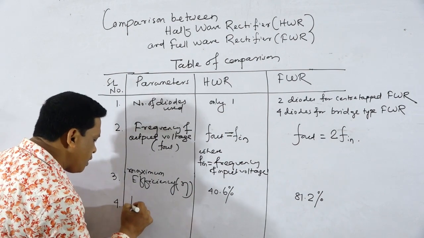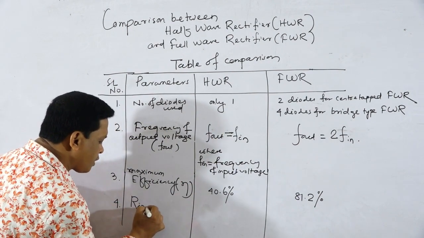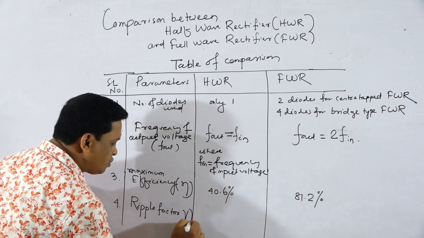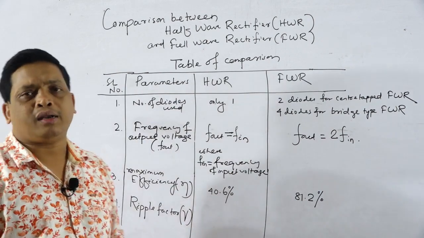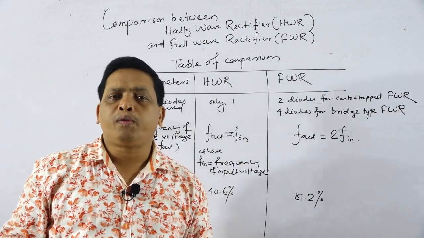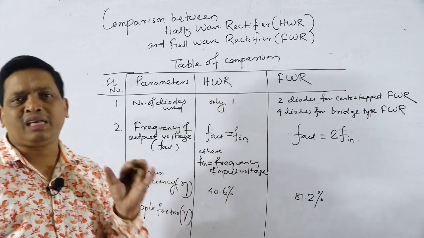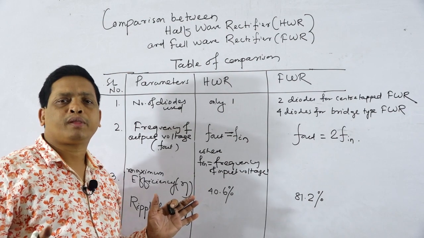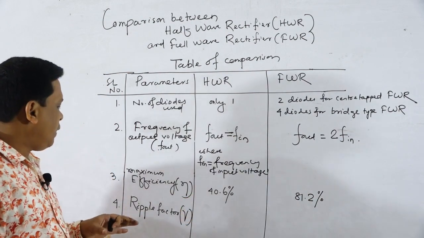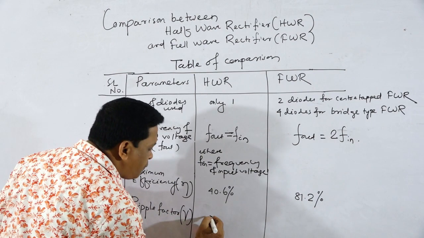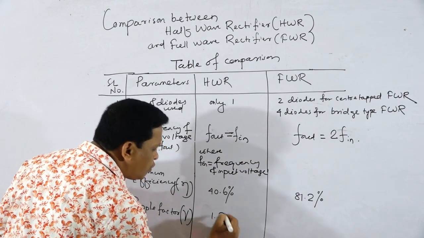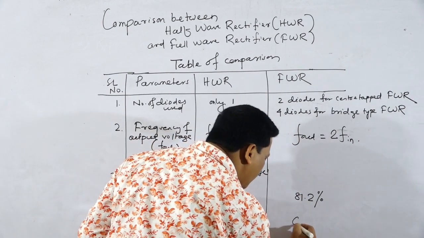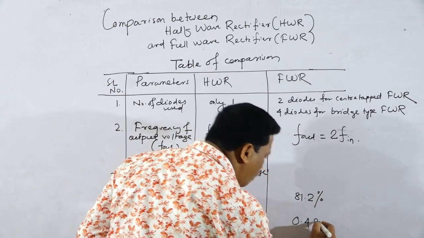Number 4, ripple factor. As I told you, ripple factor is a measure of ripples or AC components present at the output of the rectifier circuit. So ripple factor in case of half wave rectifier is 1.21, which is greater than 1, but ripple factor for full wave rectifier is 0.48.